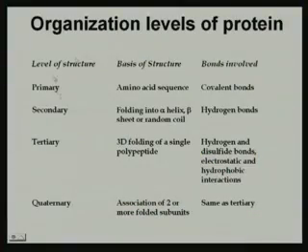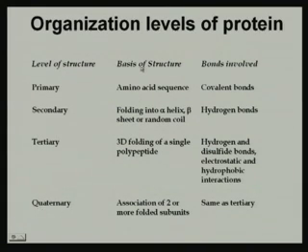Now, if we see the organization level of protein, we can categorize the structure of the protein molecule into different groups, which are called the primary structure, secondary structure, tertiary structure, and the quaternary structure of the protein molecule.